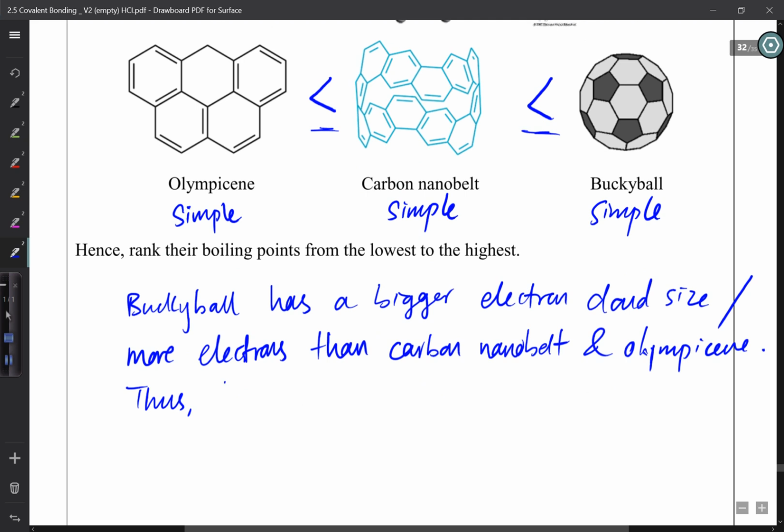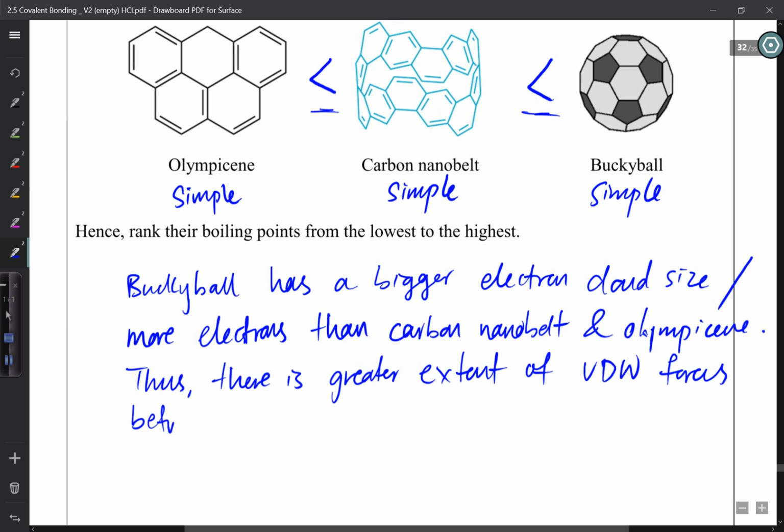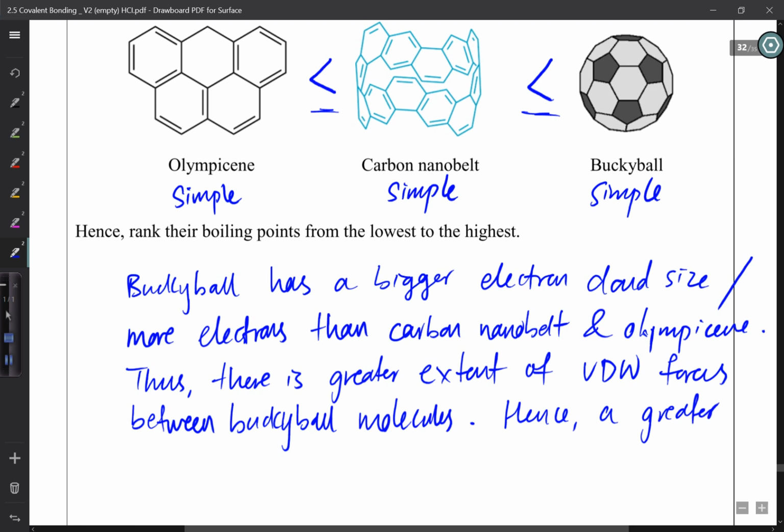Thus, there is a greater extent of van der Waals forces between buckyball molecules. Hence, greater boiling point.